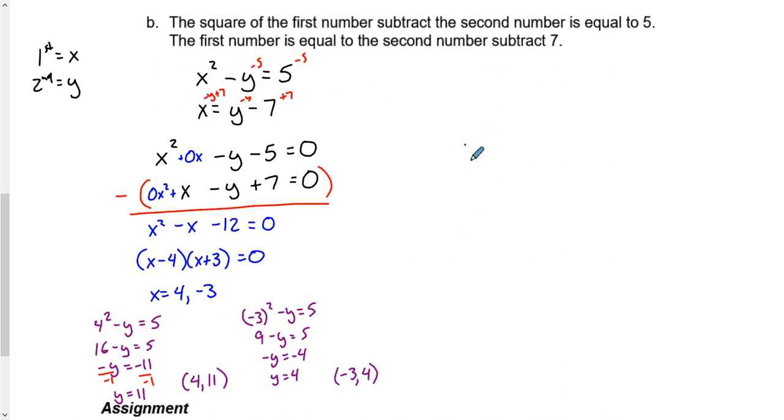So to verify, x is 4, 11 subtract 7, absolutely 4 equals 4. If x is negative 3, 4 subtracting 7 is negative 3. So both of these work. Alrighty, have some fun.